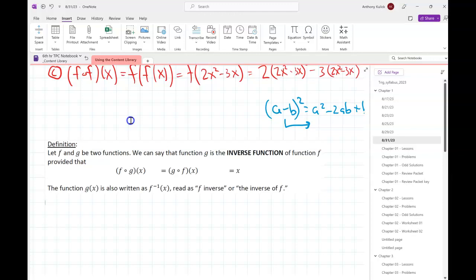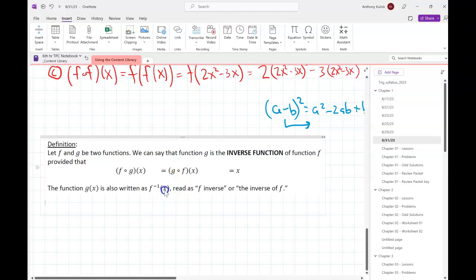We write it as F inverse. So that's a little notation. Notice that -1 exponent doesn't mean 1 over F. It's just part of the name. You read that as F inverse, not F to the -1. It just is read as F inverse.